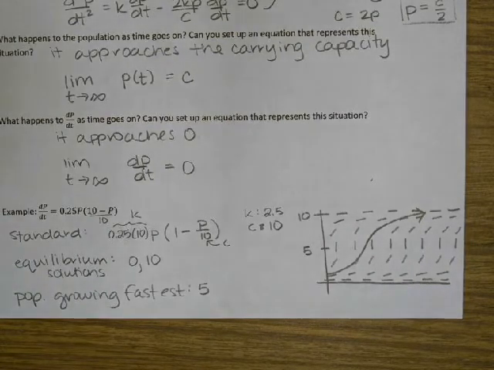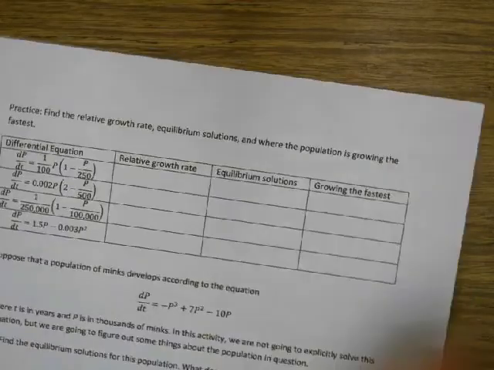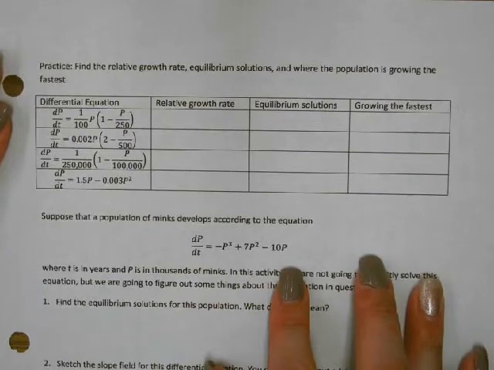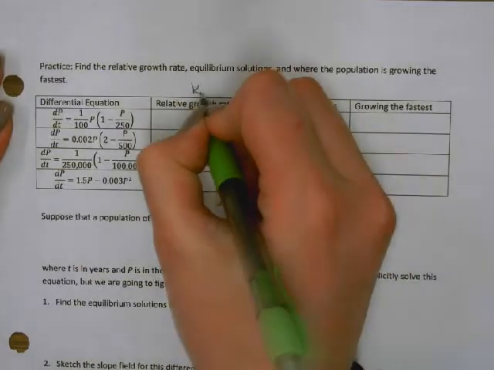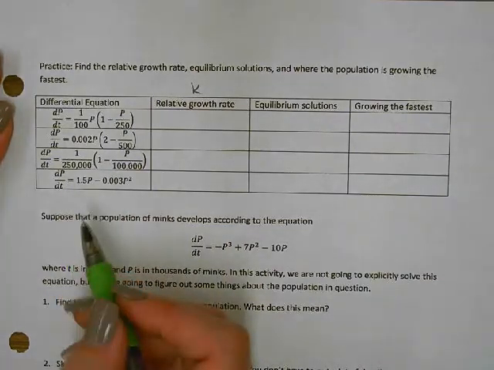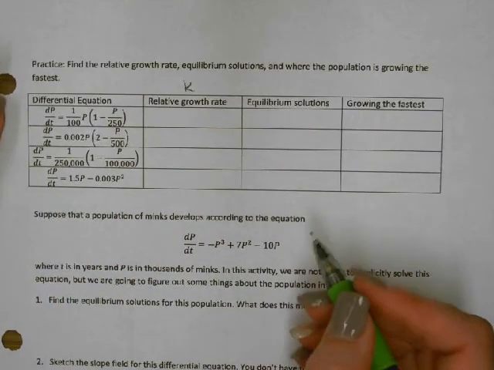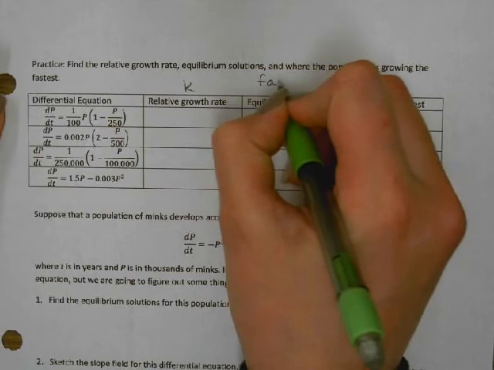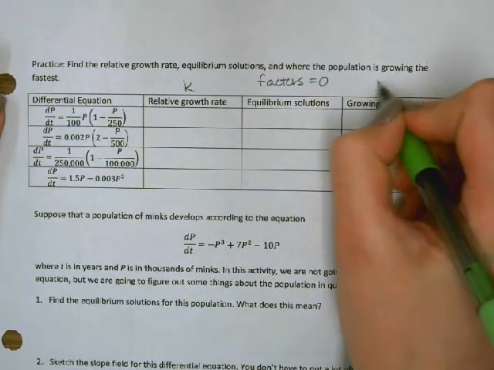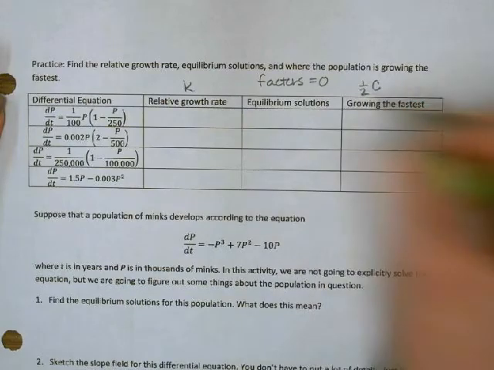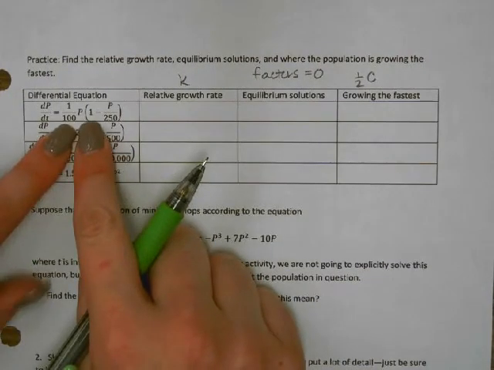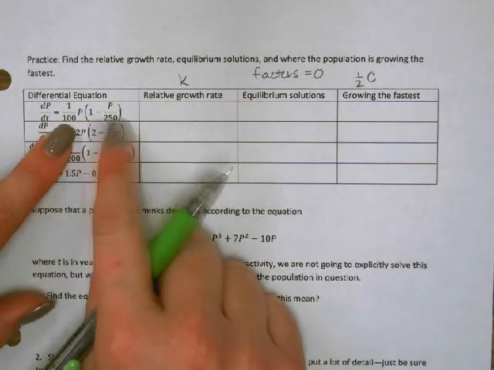Okay, if we look at the other side of our notes, remember the relative growth rate is that K value, so that's the number in front of P as long as it's in standard form. Equilibrium solutions are where the factors equal 0. And it's growing the fastest at 1/2 of C. All right, this one is written in standard form, so we can just pull those numbers out.